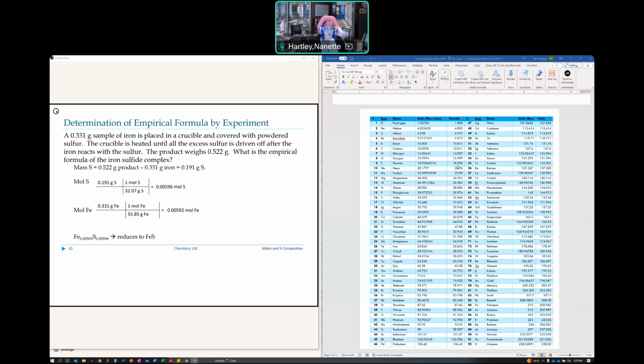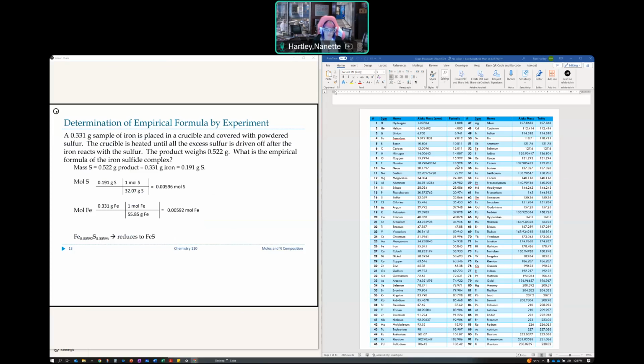We then convert the 0.331 grams of iron to get 0.00592 moles of Fe. We then write, just like we always do, Fe 0.00592, S 0.00596. I divide both of those by the smallest number, and that reduces to FeS.